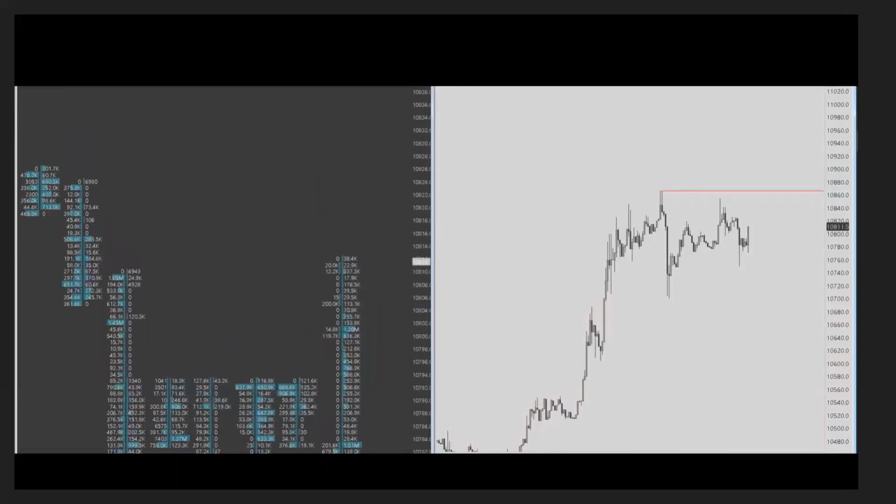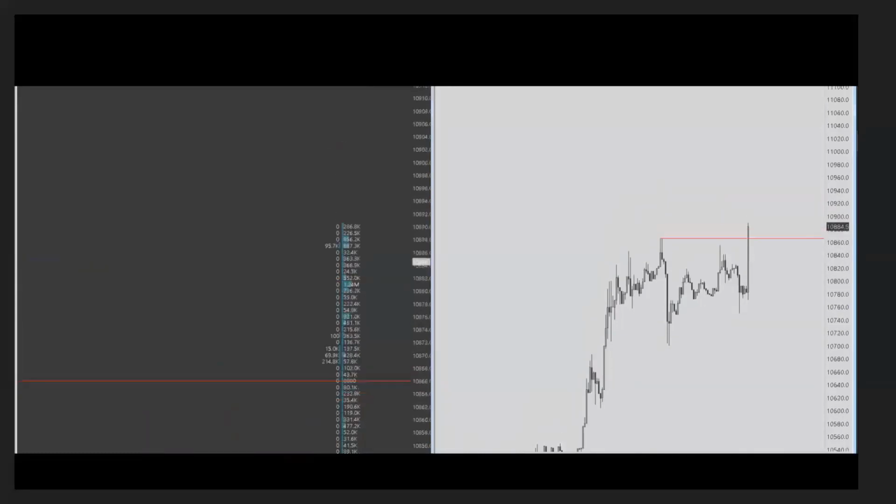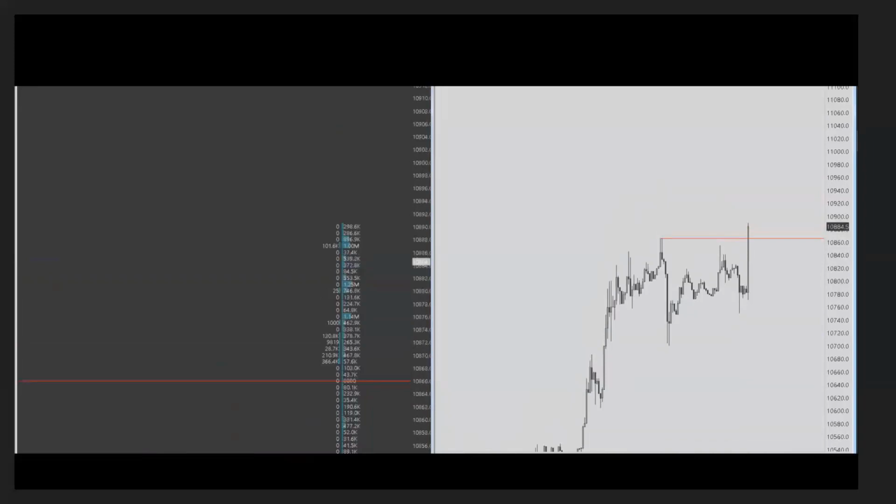Here's another quite nice example of absorption at the highs. Again, note the kind of volume which is trading down there. And then watch what happens when price appears to break out here. You get an illiquid move through the highs. There's your stop outs.